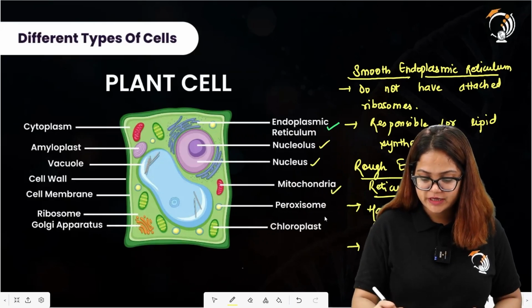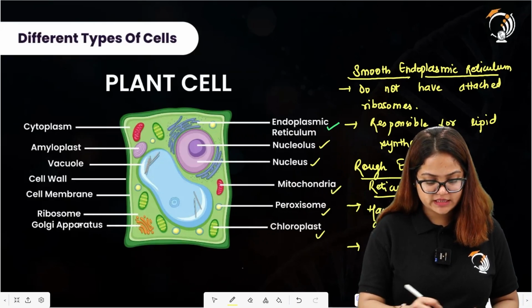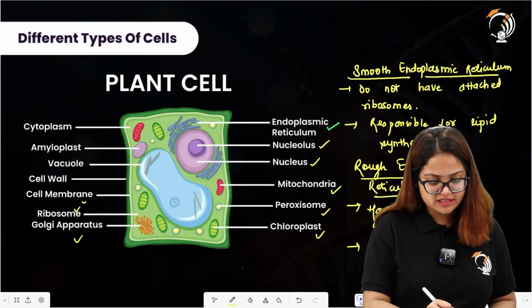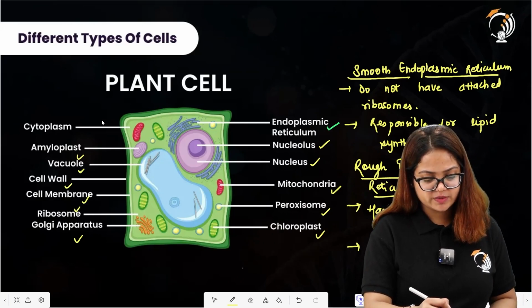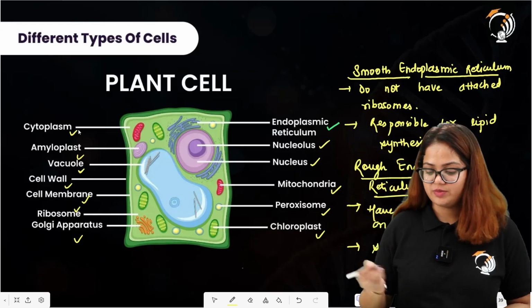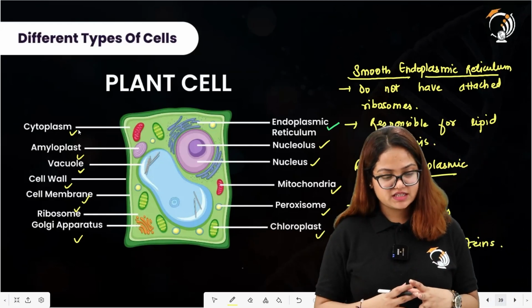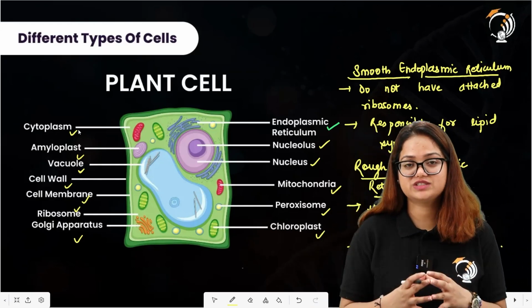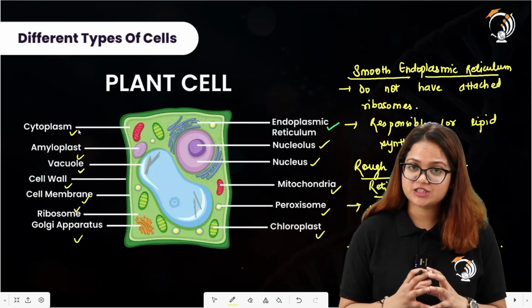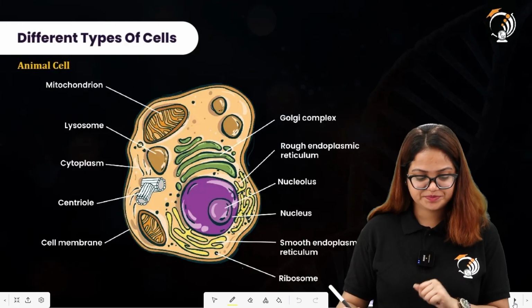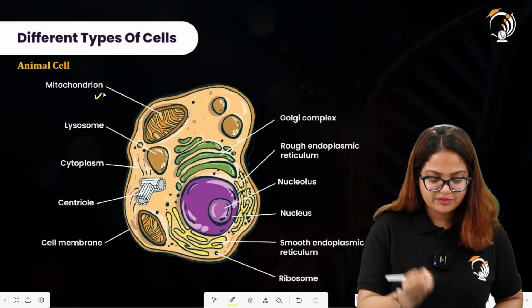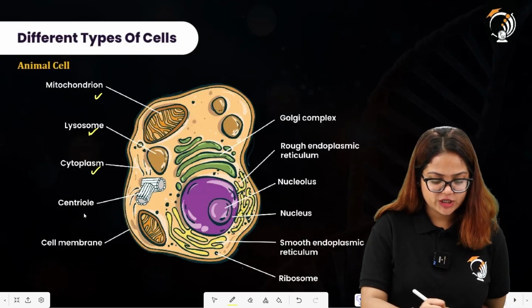Nucleolus is there, nucleus, mitochondria, peroxisome, chloroplast, ribosome, Golgi apparatus, cell membrane, cell wall, vacuole, amyloplast, cytoplasm. So we have just discussed the cell structures that are given in our textbook. Moving further, we have the mitochondrion, lysosome, cytoplasm, centriole.